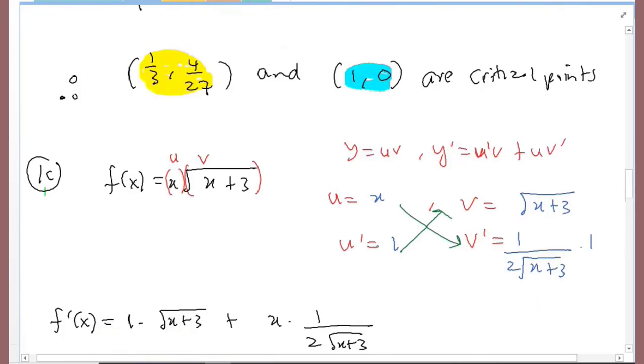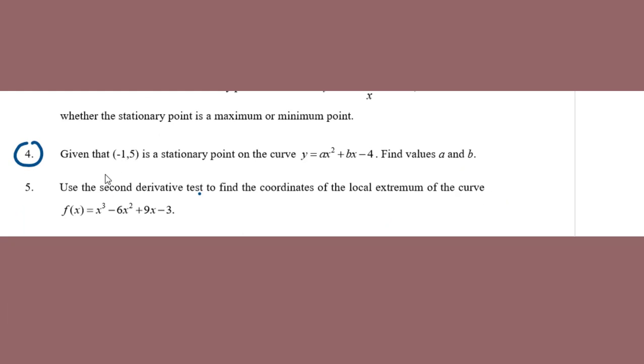Number 4. Given this point, -1, 5 is a stationary point on the curve, in variable x and unknowns a and b. Stationary point means when you differentiate y with respect to x, dy/dx is equal to 0.